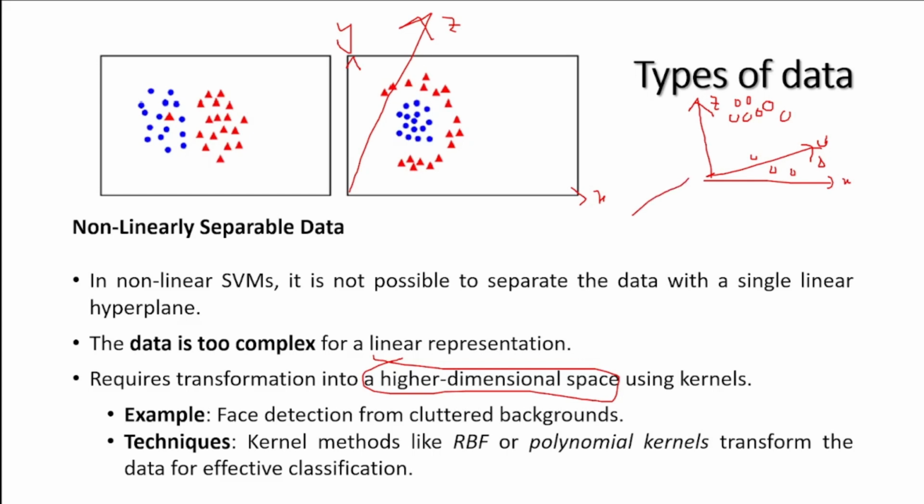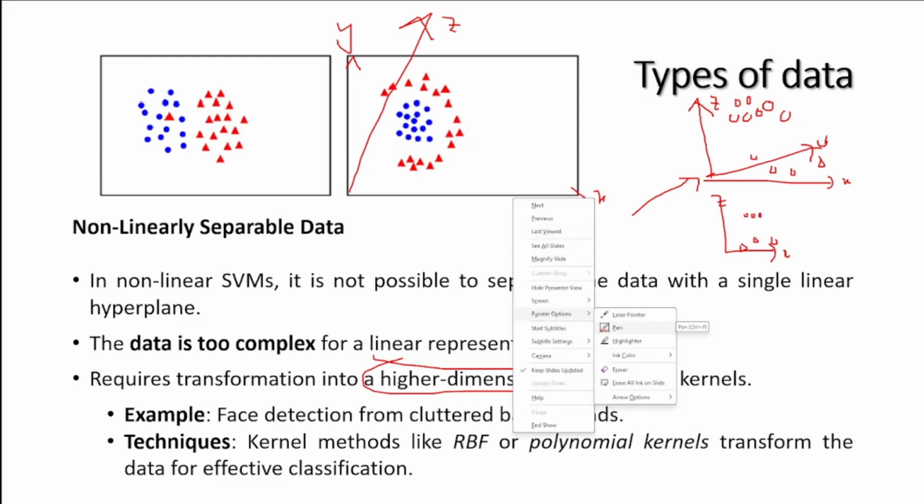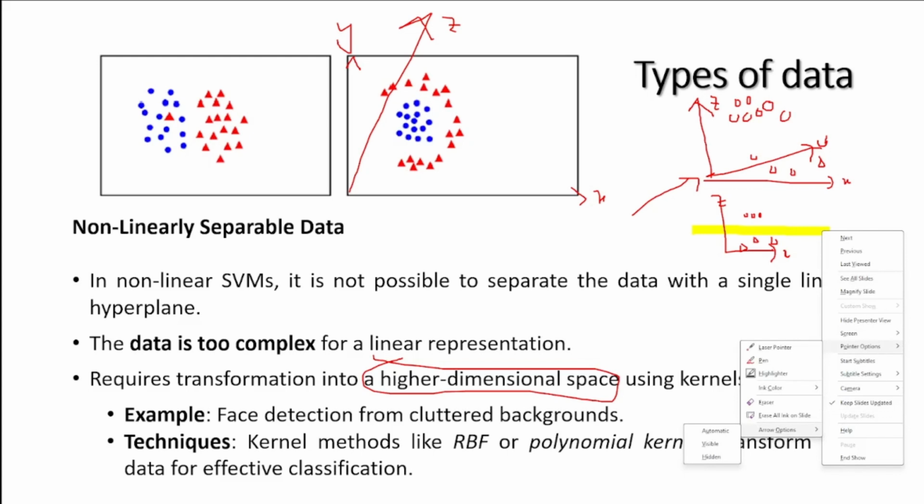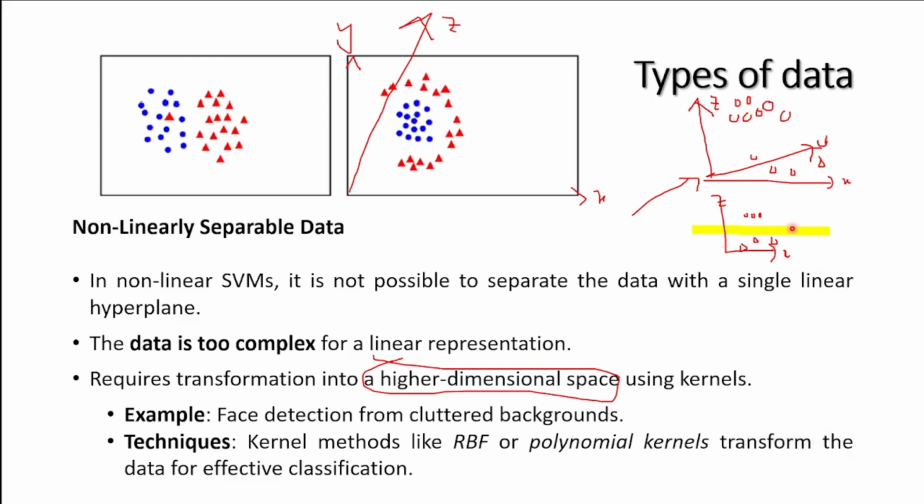If we see it from this way, we will have X and Z. The floating ones are up here, and the triangles are downstairs. Then the kernel goes here. So this line is basically a space in 3 dimensions, like a piece of A4 paper floating in the Z dimension. That is a kind of introduction to SVM kernels.